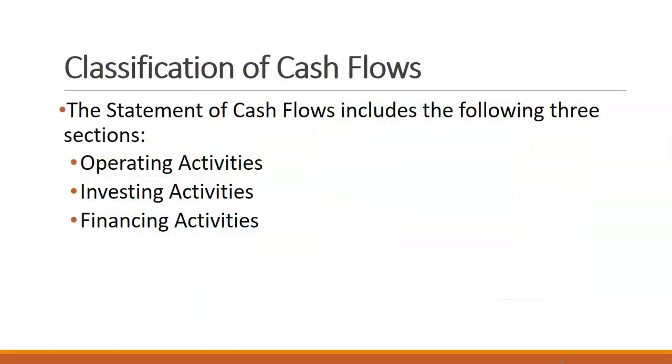When we are creating a statement of cash flows, we have three sections. The operating activities. So operating activities are how we operate on a daily basis, the things that we do to run our business. Investing activities. This is where we as a company invest our money. Sometimes this is a hard thing to think about when we think about investing as a personal thing.